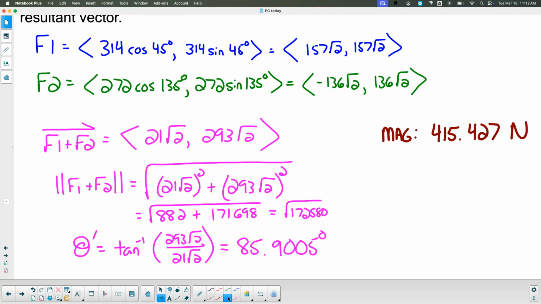Since that's in quadrant 1, I get a direction angle of 85.901 degrees. Yes? Questions, comments, concerns, clarifications?